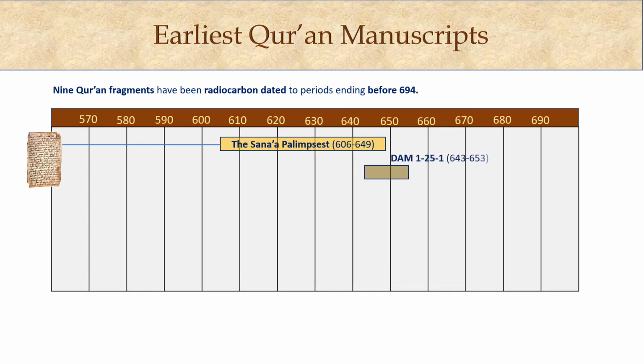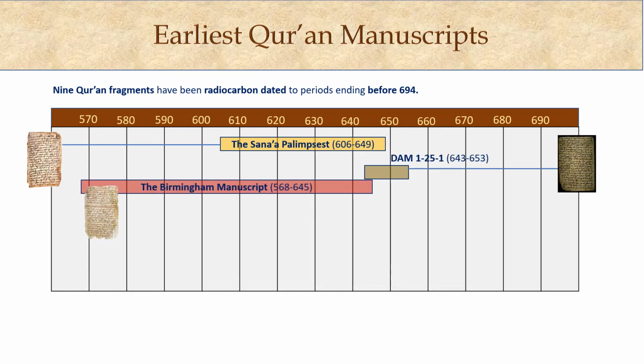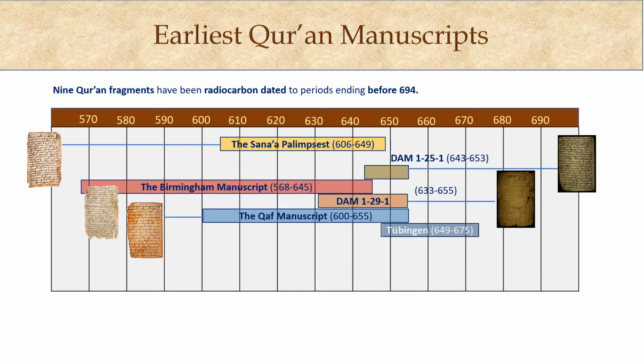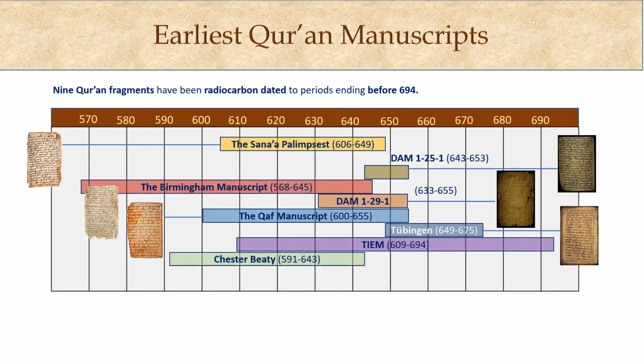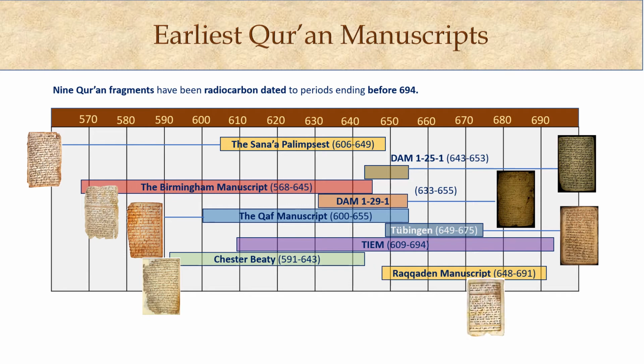We start by looking at the radiocarbon dating of the earliest Qur'an manuscripts. The process of radiocarbon dating allows scientists to determine a period within which a formerly living organism has died. Since early Qur'ans were handwritten on parchment that was made from animal hide, normally goat, if we can identify the period when the goat in question died, we will normally be close to identifying the period when the manuscript was created.